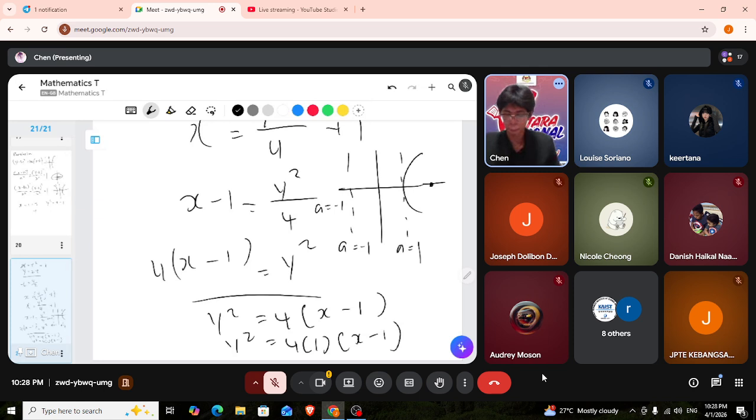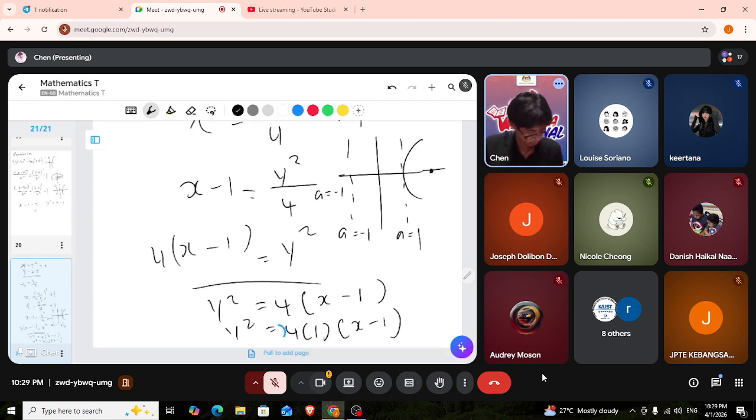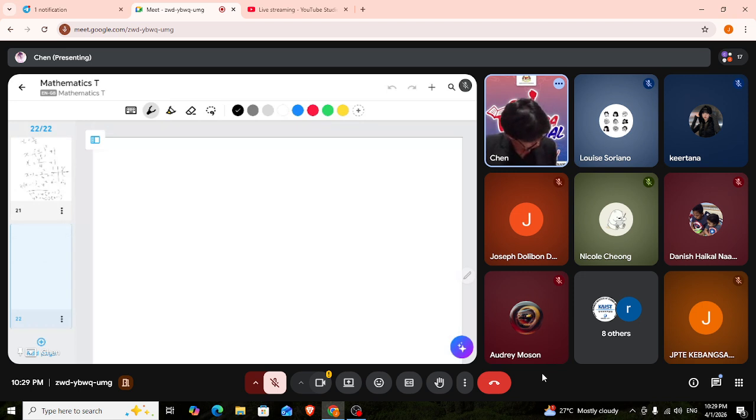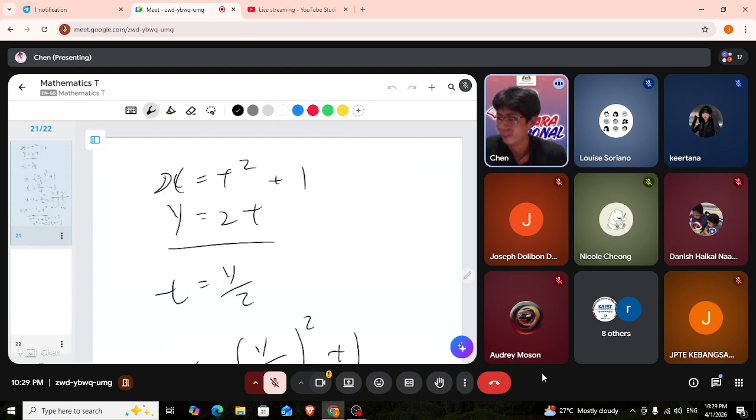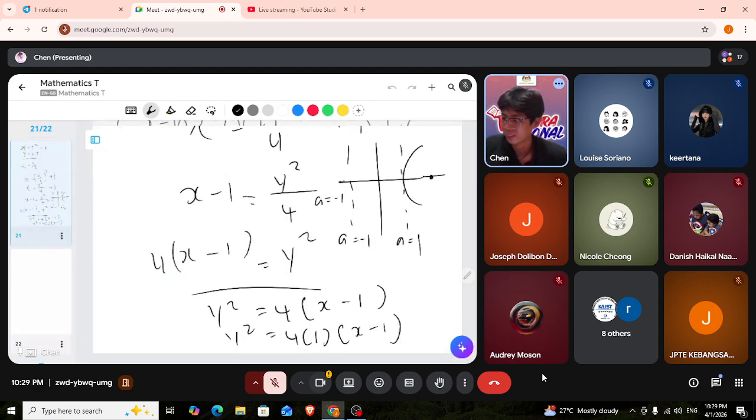Then after that, you have the, what do you call this? The focus as well. To find the focus, if I'm not wrong, I have to redo this. Focal length is basically just this.